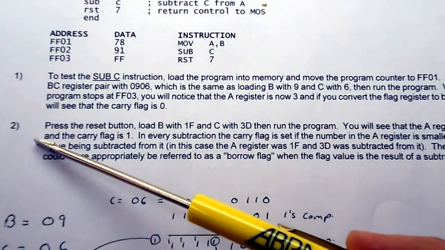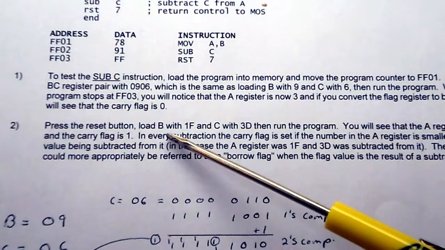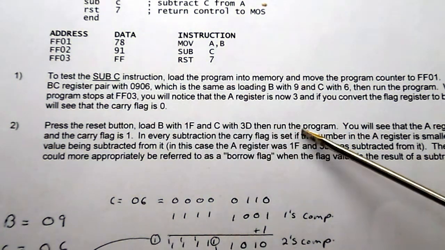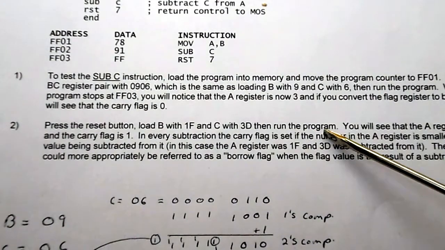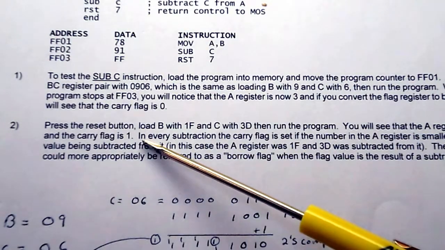Now in the second part of the procedure, we're going to press the reset button and load B with 1F and C with 3D and rerun the program. Now we're going to see in this case the A register is E2 and the carry flag is 1.